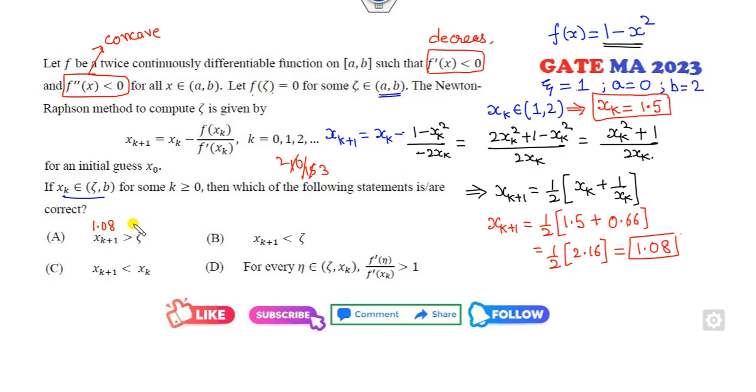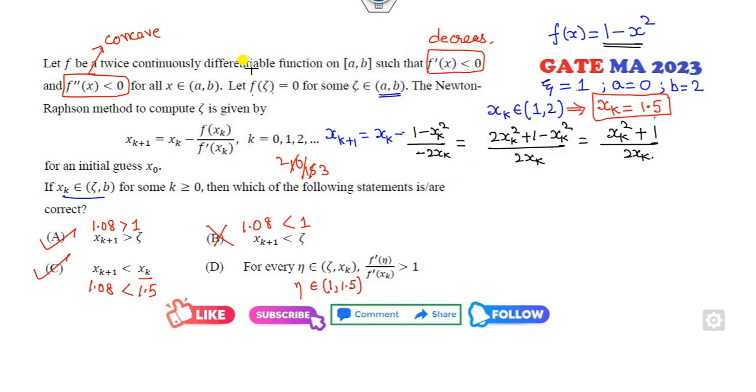xi is 1. Is xk plus 1 greater than xi? Yes, satisfied. Is 1.08 less than xi? No, cancel out. 1.08 versus xk, which is 1.5: is it satisfied? Yes. And for the next option, eta lies between xi, which is 1, and xk, which is 1.5. So what is the f dash of eta?